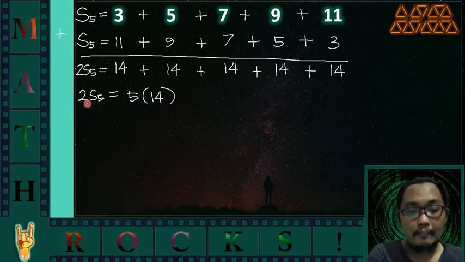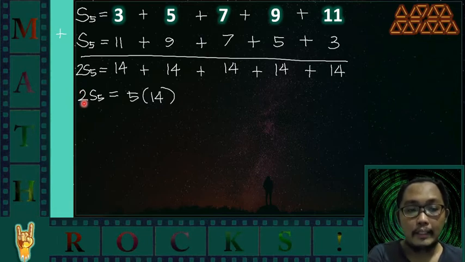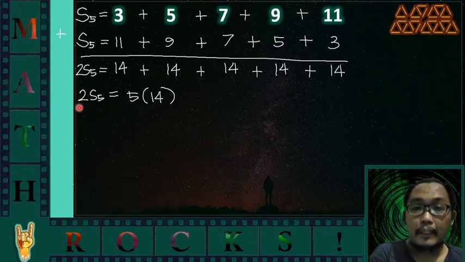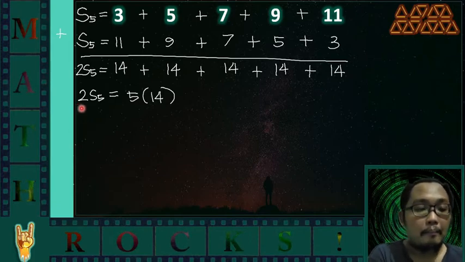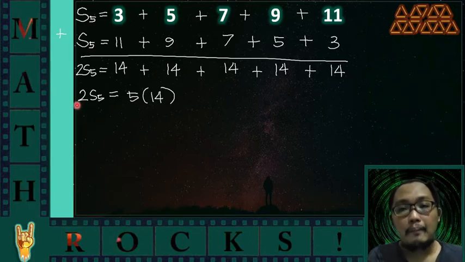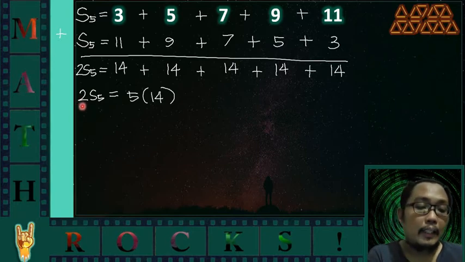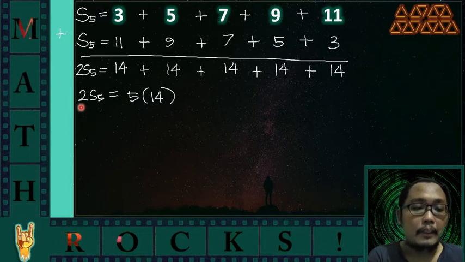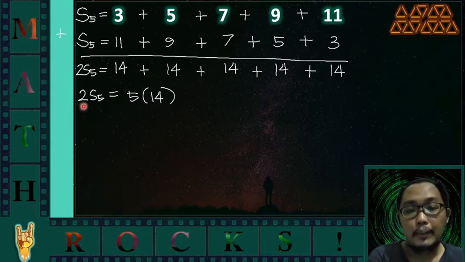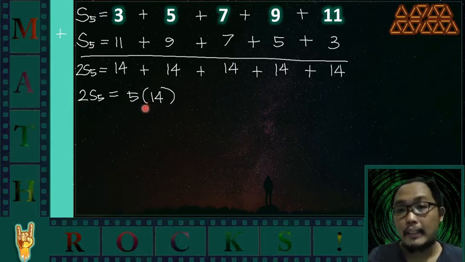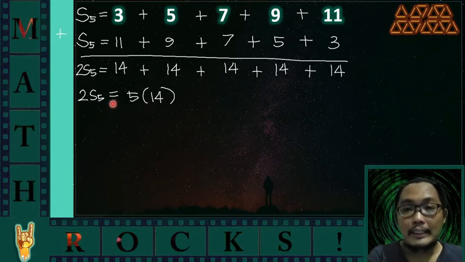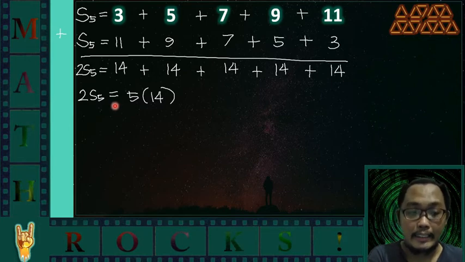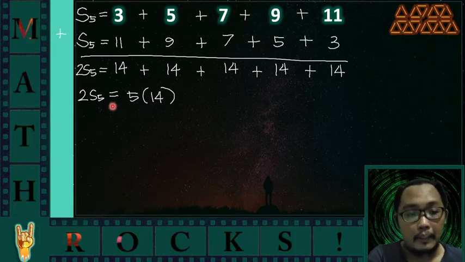Therefore, we must eliminate the 2 on the left-hand side of the equal sign. Doing so, we can apply the multiplication property of equality. But there is also a property that states that we can divide a certain number to one side of the equal sign, and doing the same on the other side doesn't necessarily affect the equality between the two sides, and that is the division property of equality.